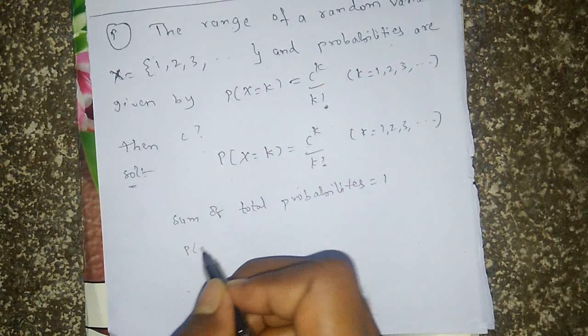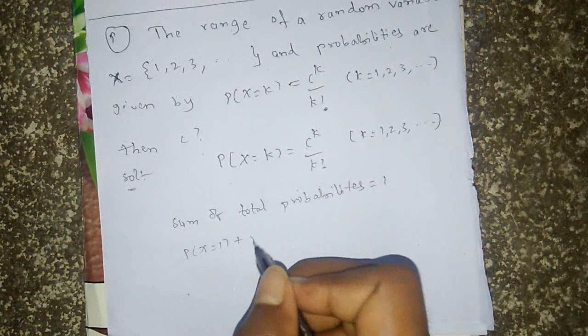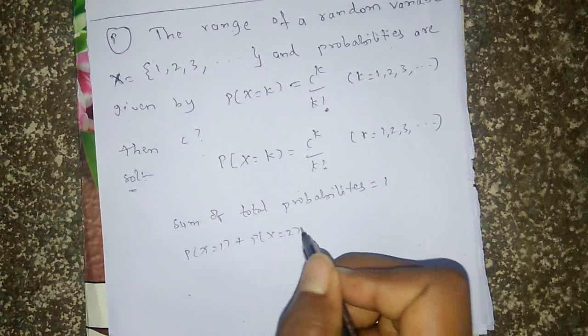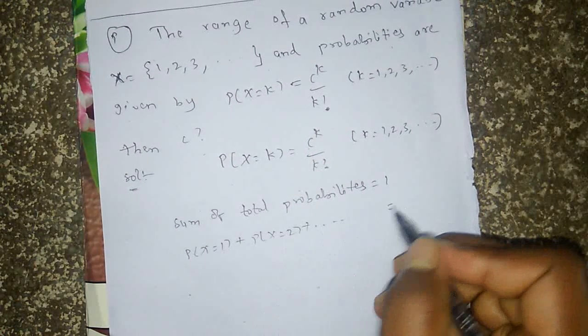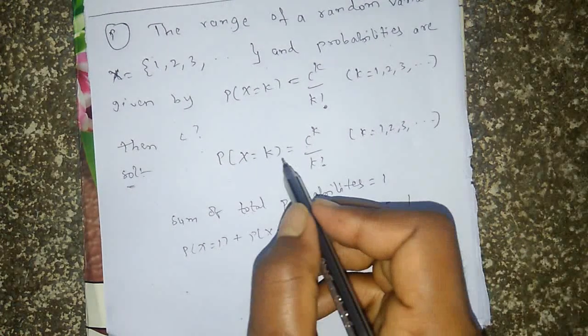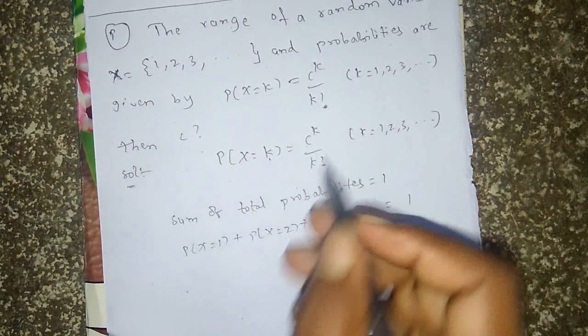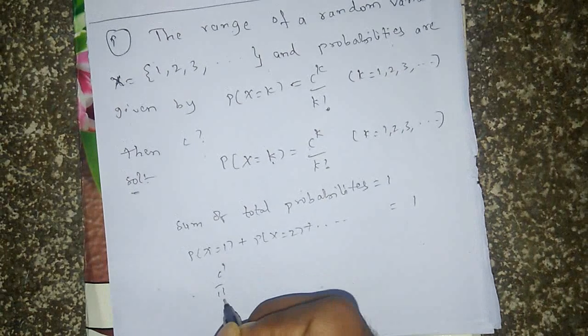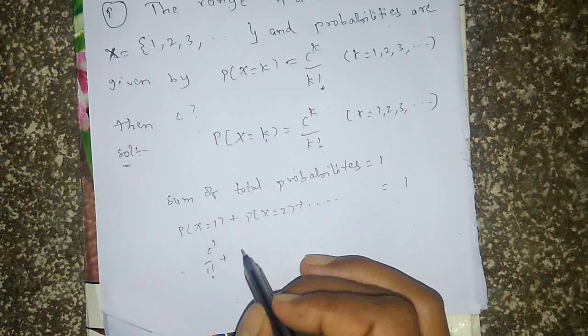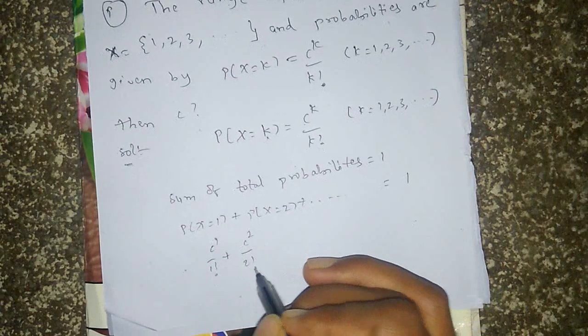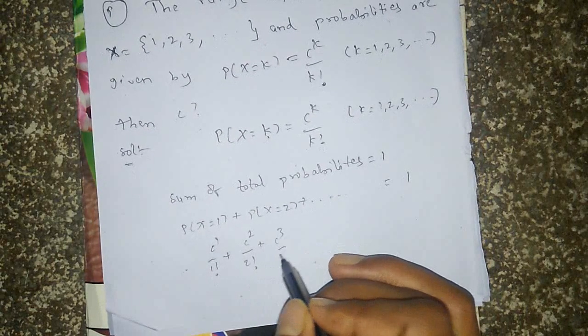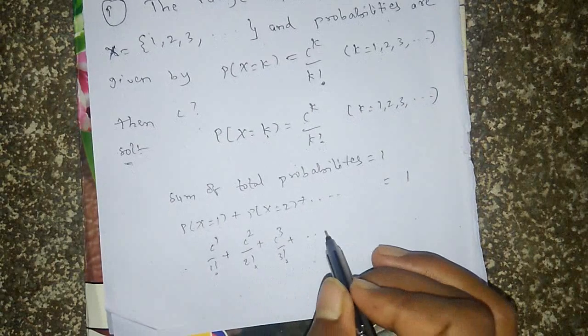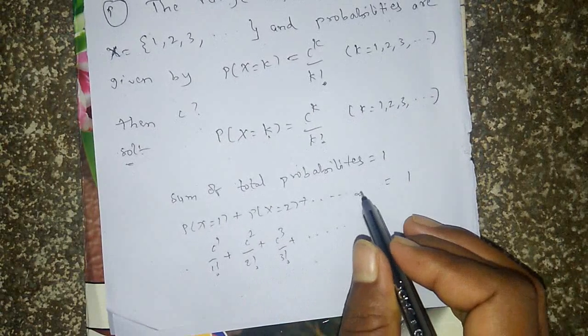So that is P of X equal to 1 plus P of X equal to 2 plus and so on, that is equal to 1. P of X equal to 1, putting k equal to 1, is c power 1 by 1 factorial. P of X equal to 2 is c square by 2 factorial. P of X equal to 3 is c cube by 3 factorial and so on up to infinity, that is equal to 1.